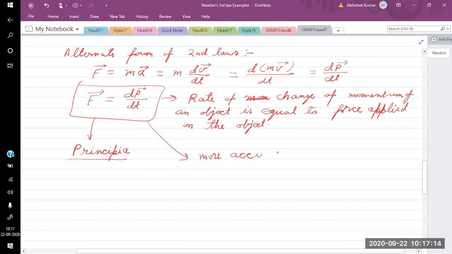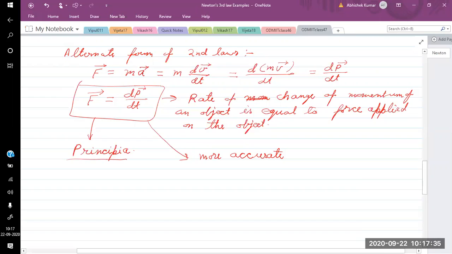So how do we know that it is more accurate? There are some cases in which mass changes. For example, if you throw some object with very high velocity, the mass does not remain constant. You have to consider the relativistic mass. In that case, the mass is changing with speed, but momentum remains conserved.